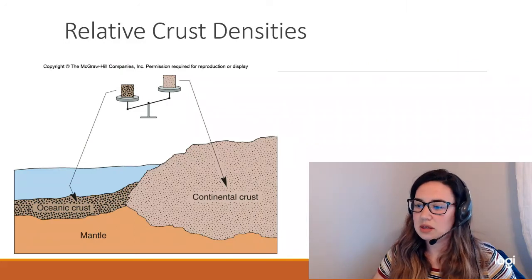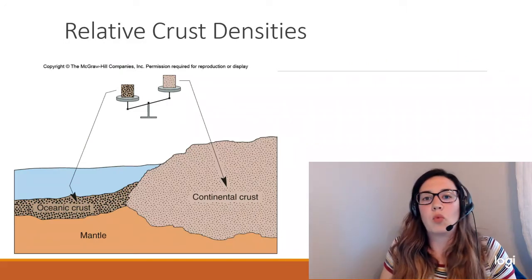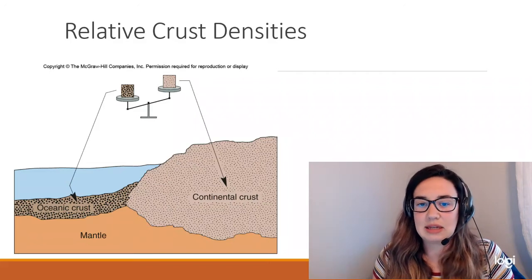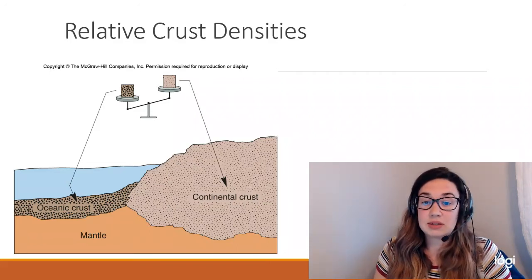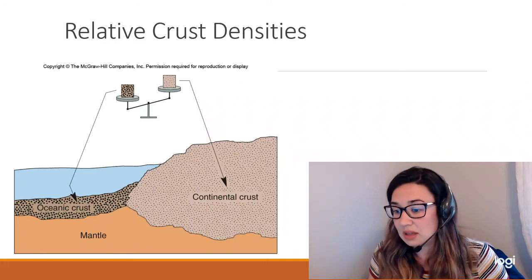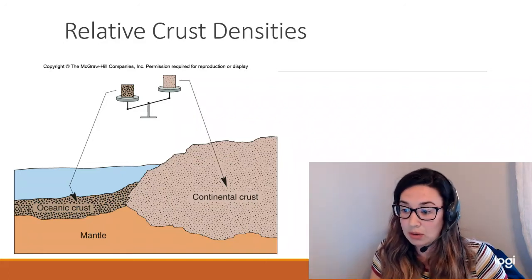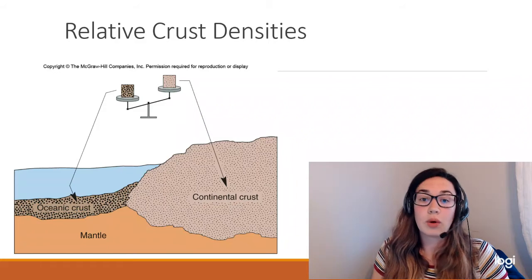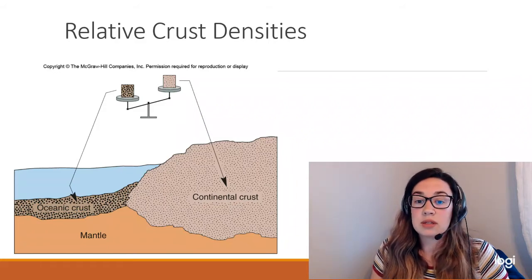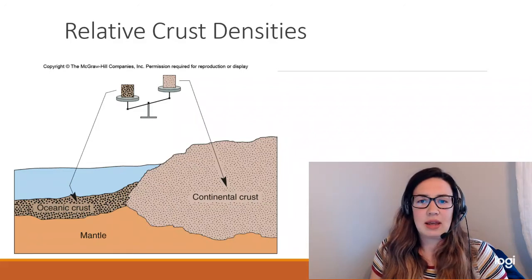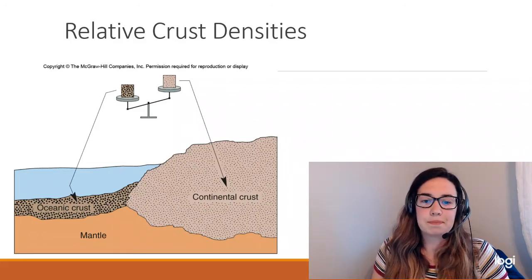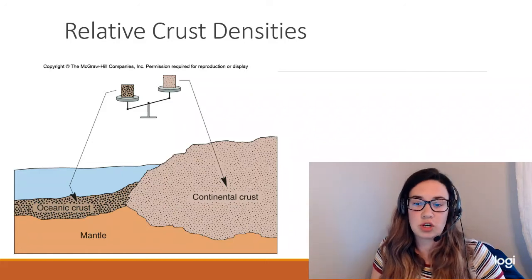And so this is just showing you what the crust densities are relatively, based on the continental crust and the oceanic crust. And you can even see the mantle right below the crust in that orange area. You can see the continental crust in the pink or tan, I guess, and then the oceanic crust in the darker coloration. You can see the ocean in the blue.